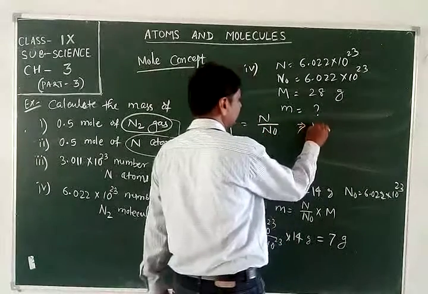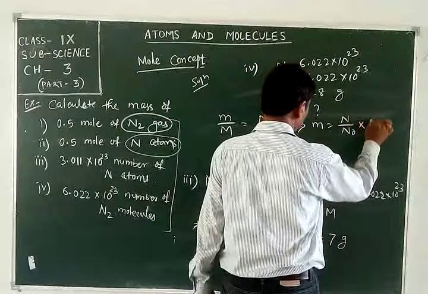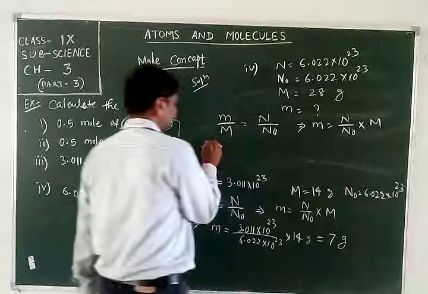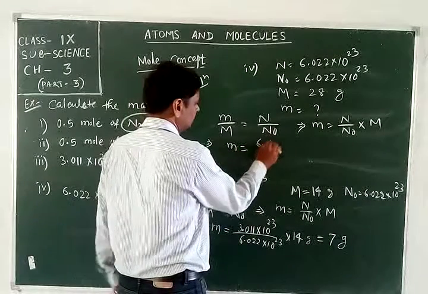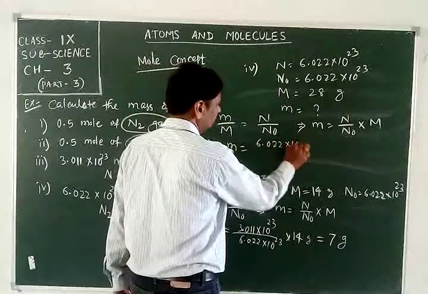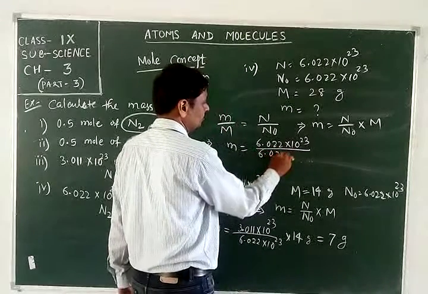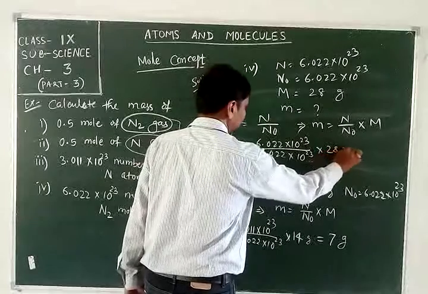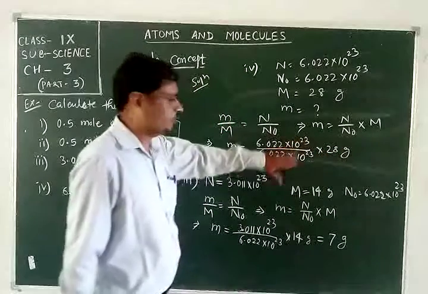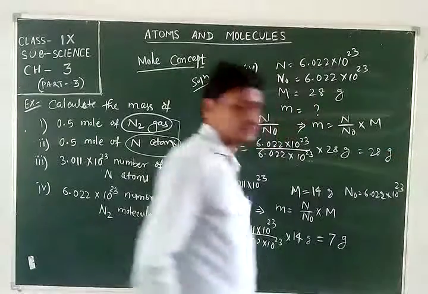This implies m is equal to N by N A into M. So mass equals 6.022 into 10 to the power 23 by 6.022 into 10 to the power 23 into 28 grams. This cancels, and remains 28 grams.